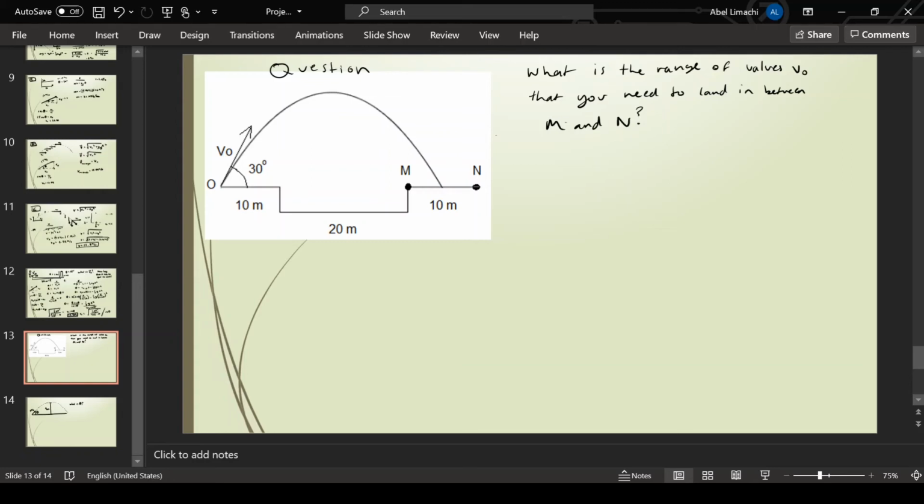Okay. What is the range of values v initial that you need to land in between m and n? What we know is this: the distance from this point O to M is 30 meters. The distance from O to N is 40 meters. So this ball has to land in between 30 and 40 meters.